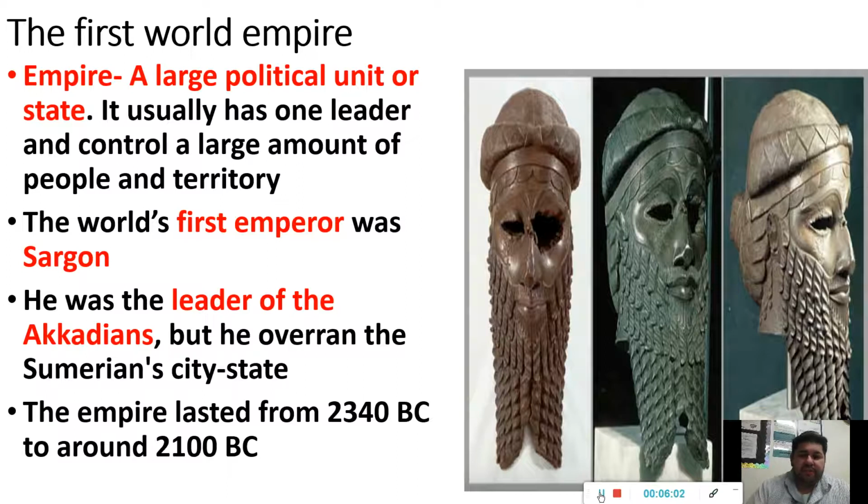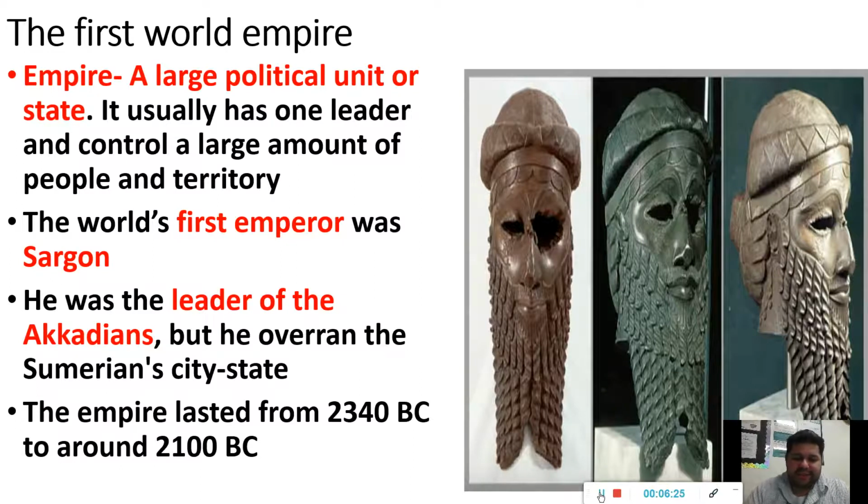Okay, the first true emperor, his name was Sargon, and those are little statue things made of him. Okay, he was the leader of the Akkadians, and the thing is, his city state was overrun by the Sumerians.